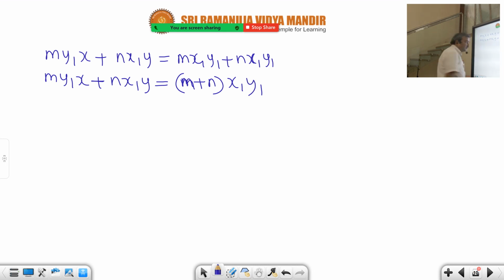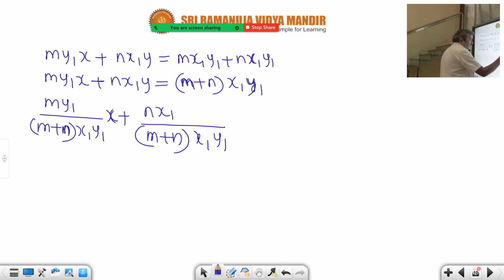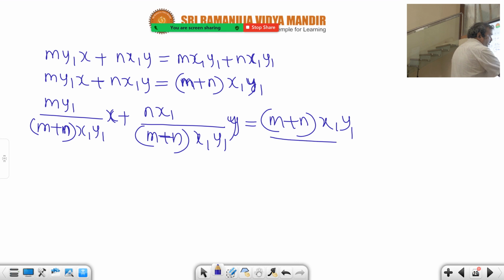Now from this, it is shifted towards the left hand side. So m y1 by m plus n into x1 y1 into x, correct. Here n x1 by m plus n into x1 y1 into y is equal to m plus n into x1 y1 by m plus n into x1 y1.